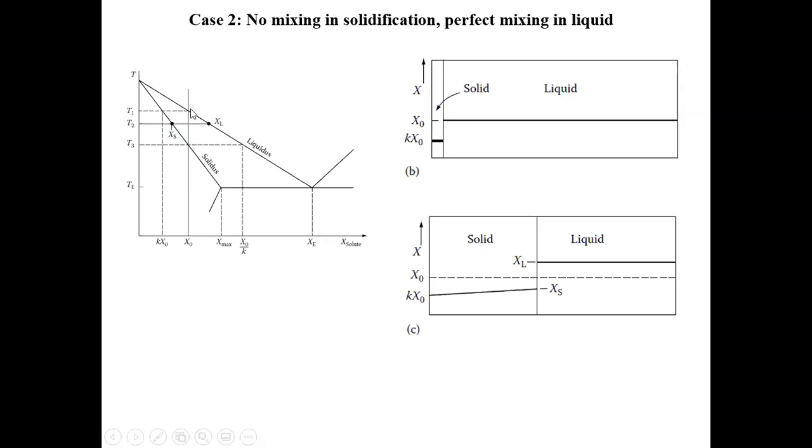So if I start the solidification at this temperature T1, and assuming that at this temperature I just form a small amount of solid in the system, so this is the very thin slab of solid. What is the composition of the solid and the liquid in the beginning of the solidification?